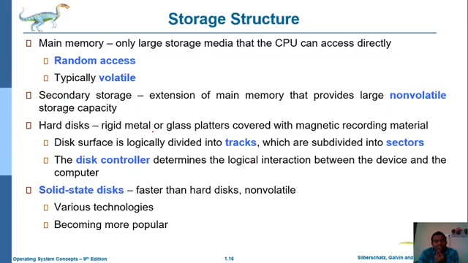Those disks are divided into several tracks, and again these tracks are divided into several sectors. Data is stored in these tracks and sectors. To read that data from those magnetic disks, we use this head. That is the mechanism in hard disks.